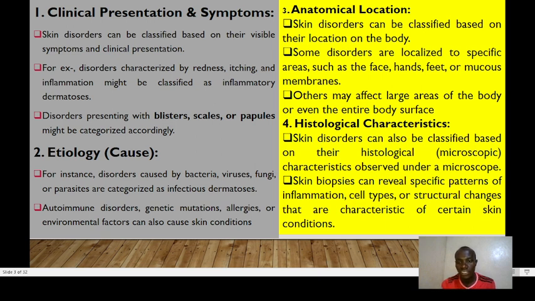Histological characteristics: skin disorders are classified based on the histology, the microscopic characteristics observed under the microscope. Skin biopsies can reveal specific patterns of inflammation, cell types, and structural changes that are characteristic of certain skin conditions. Guys, you can look at the link above for the types of biopsies.